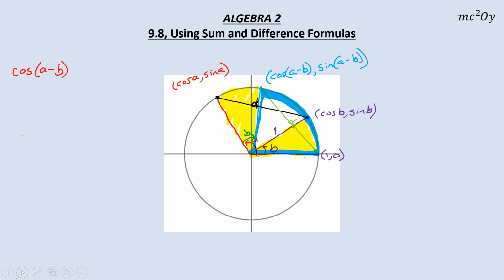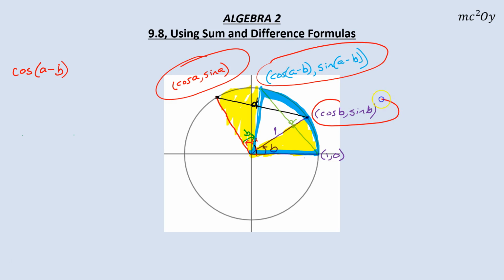Okay, we are going to use the distance formula. Okay, and so we're going to need this length, or this coordinate, this coordinate, this coordinate, and this coordinate, because we have two distances. We're going to find distance D2 and D1.